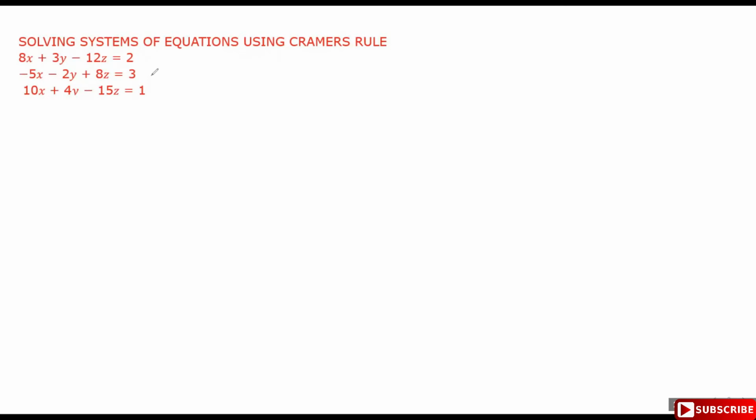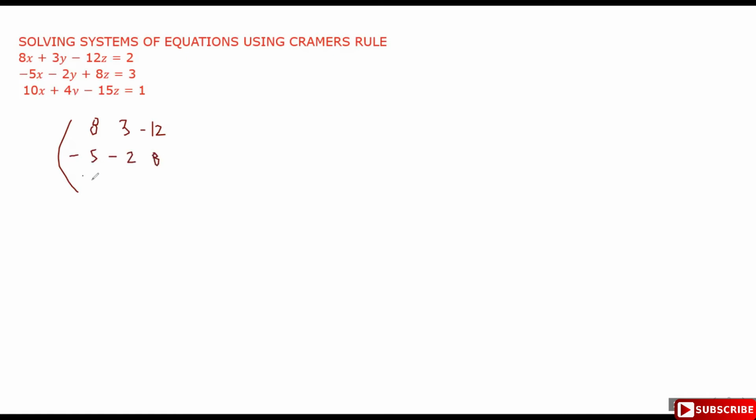So in order to solve for the unknown using Cramer's rule, we're going to put it in matrix form. This is 8, 3, minus 12, 2. This is 8, 3, minus 12, minus 5, minus 2, 8.